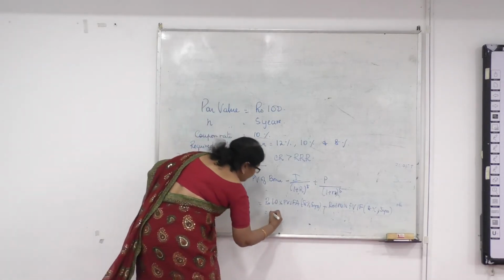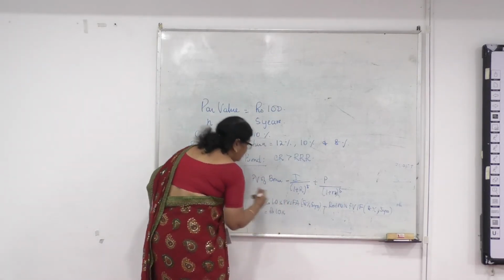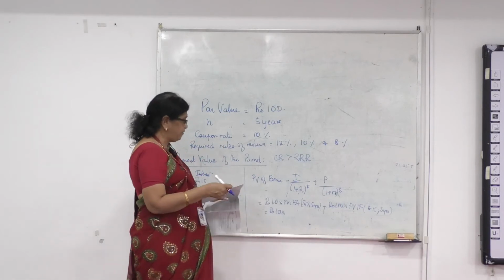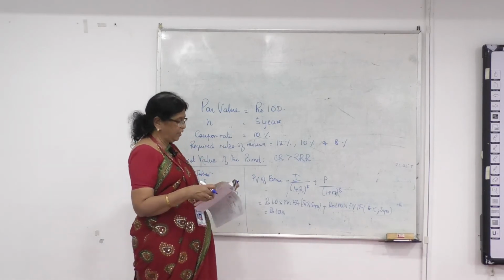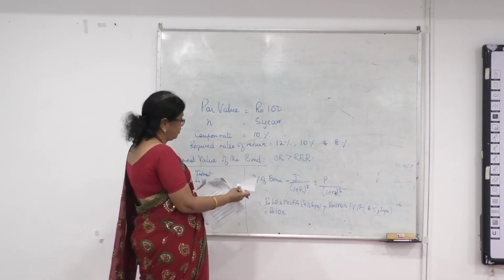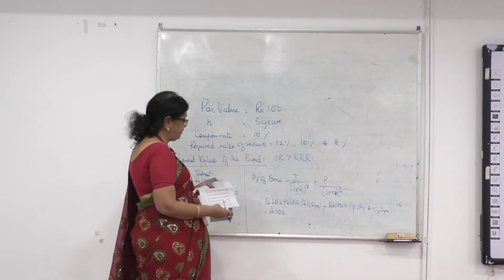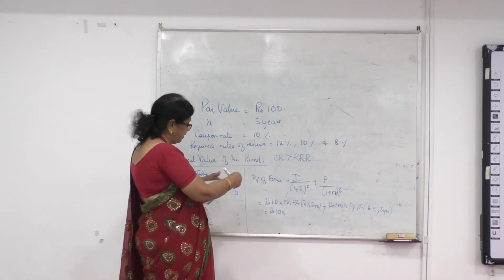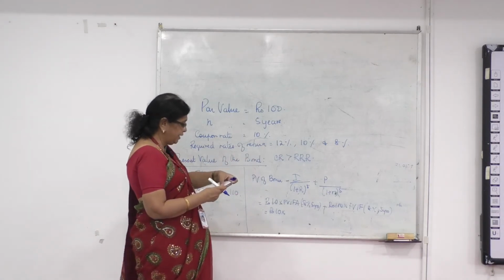So this will be rupees 10 into, let me find out the PVIFA value at 8% for 5 years. For this I have to go to the PVIFA table, travel along the 5-year line and find out the rate that comes under 8%.